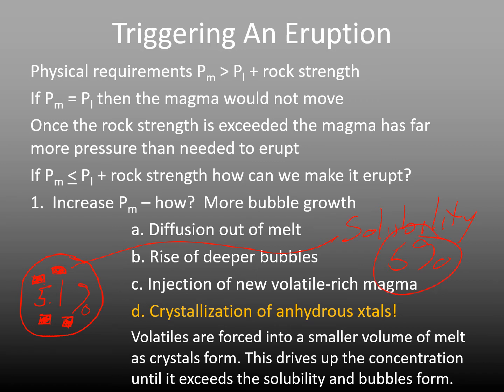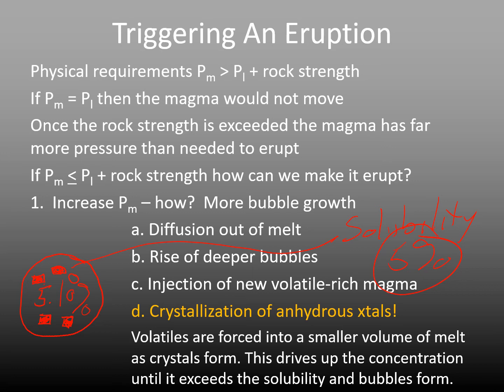Does that exceed the solubility? Will bubbles grow? Yeah, some of these gases will start forming bubbles. And as these crystals keep growing, the bubbles are going to keep growing. So it seems kind of odd, and I think this is the hardest thing that people who study volcanoes have to contend with, is that cooling a magma can actually make it erupt.